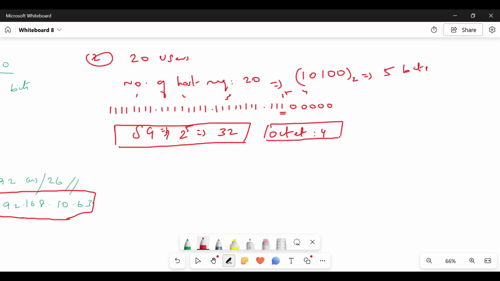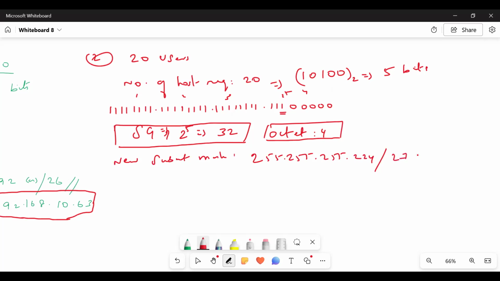Now, as usual, we are going to write the network range, and we can write the new subnet mask also. What is the new subnet mask? For that particular network, this subnet mask will be used for communication. In the same way, 2 power 5 plus 2 power 6 plus 2 power 7, with the remaining 255s: 255.255.255.224. In slash notation, the number of ones is 8, 16, 24, 25, 26 and 27.